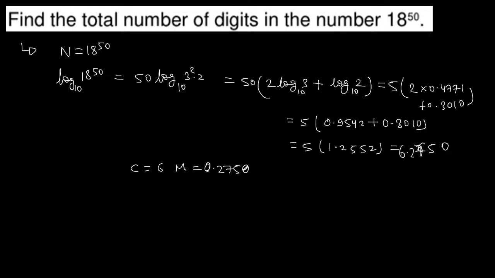Okay, so the total number of digits is the characteristic plus 1, which is 63.